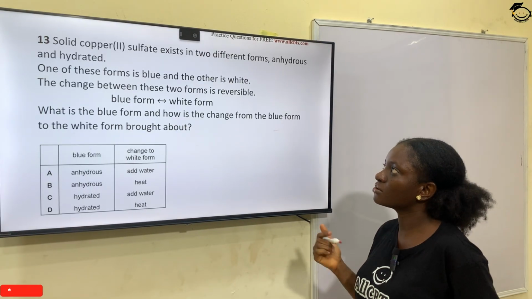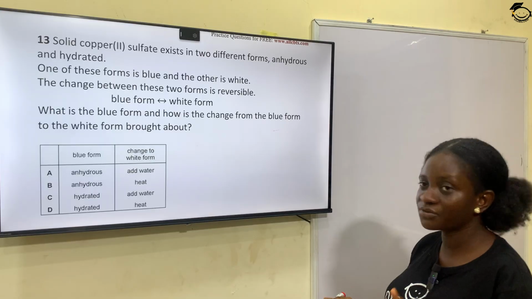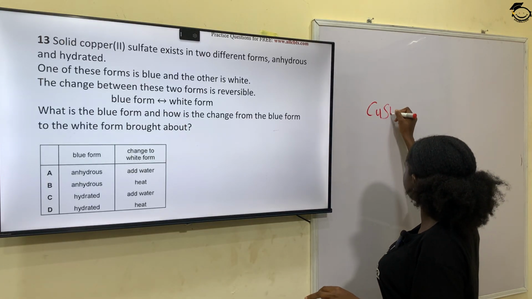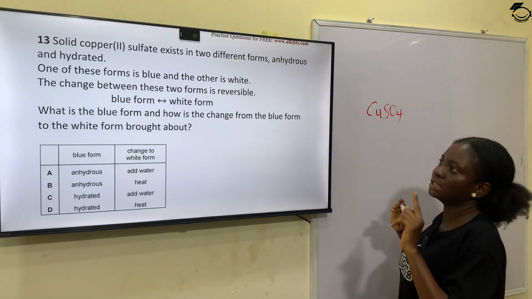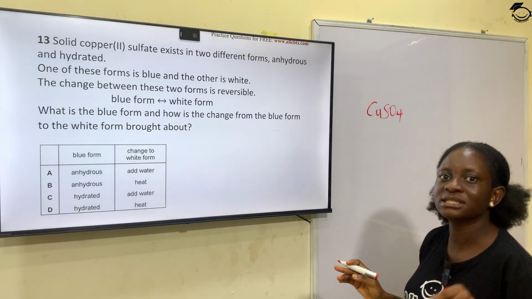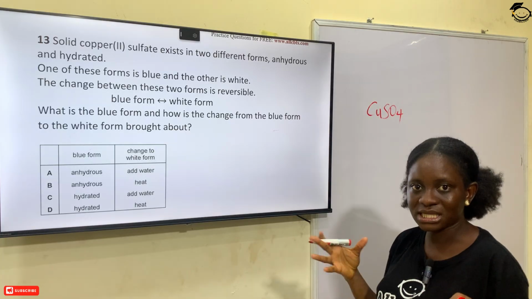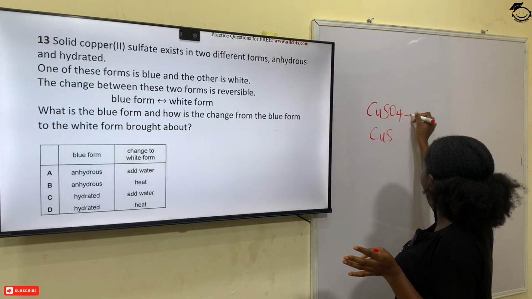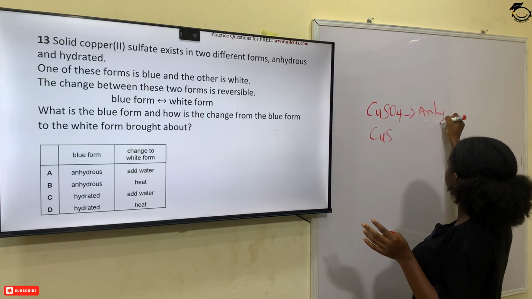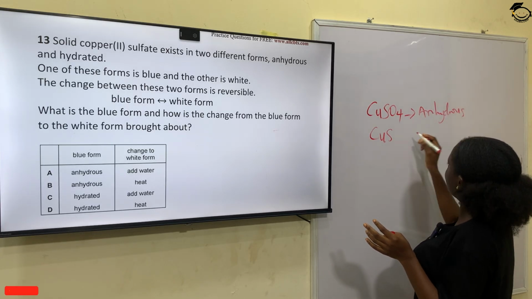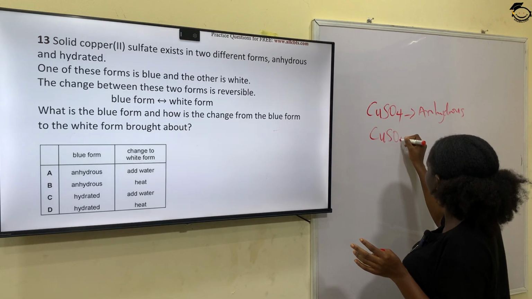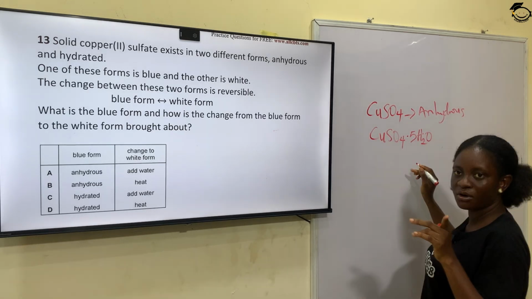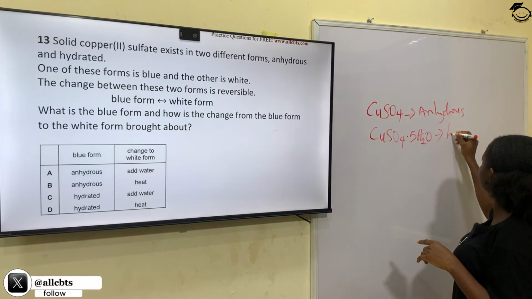Solid copper 2 sulfate exists in two different forms. We have the anhydrous copper 2 sulfate, then hydrated, which means we have water added to it. This is anhydrous, and this is hydrated with 5 molecules of water.